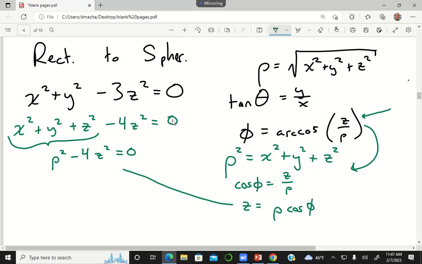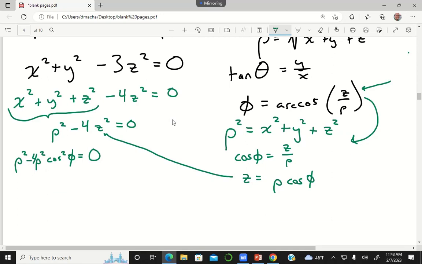Plug that over here, and I end up with rho squared minus, oh, I forgot a 4, minus 4 rho squared cosine squared phi equals 0. I could factor out a rho squared and get rho squared times 1 minus 4 cosine squared phi equals 0.